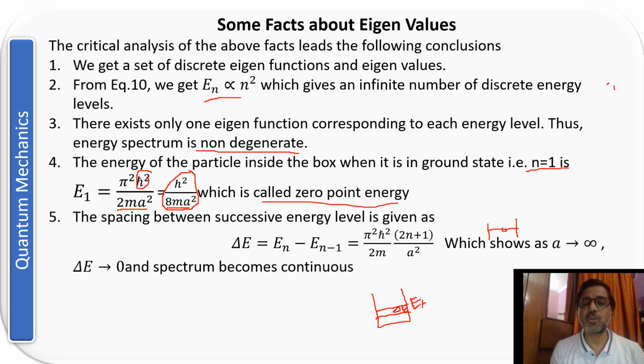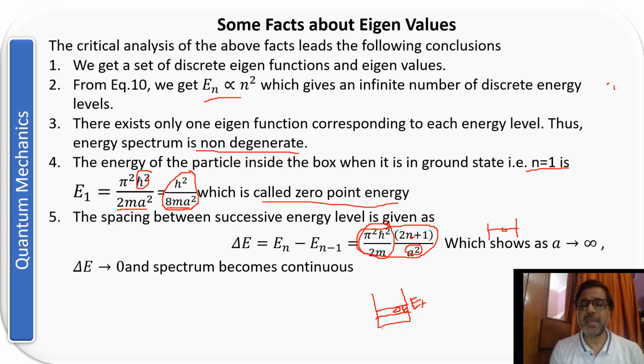After a small calculation, we get delta E equal to pi square h bar square upon 2m, which is constant, times (2n plus 1) upon a square, where n is the energy state. Now a can be your variable.